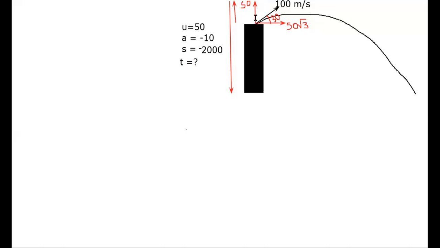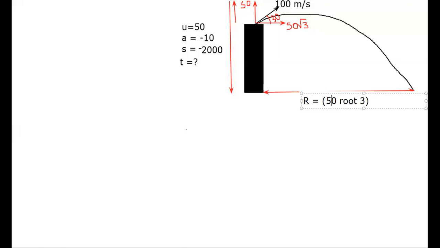Now S will be negative because it is going to cover the displacement in the downward direction. Once you get the total time it takes to reach the ground, the horizontal speed is going to remain the same. It is uniform motion. So if I want to calculate the total range, nothing but from this point to this point, R will be equal to your speed, 50 root 3, multiplied by the time.